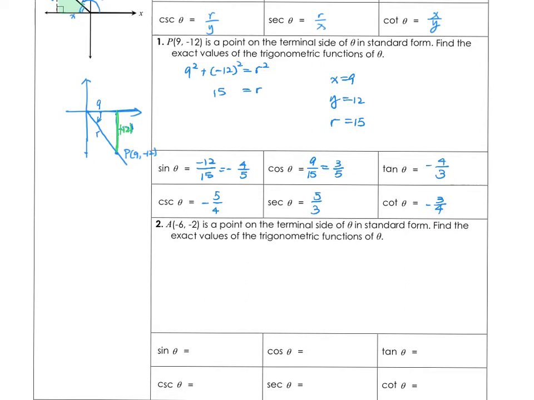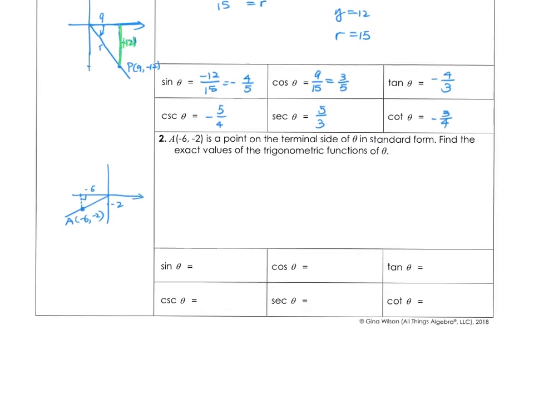I will not do the second one with you, but I will help you graph out what you need. So that's 6, that's about negative 2, and then you have to draw a line there. So the point here is point A, it's negative 6 and negative 2. Okay, and here are the answers.